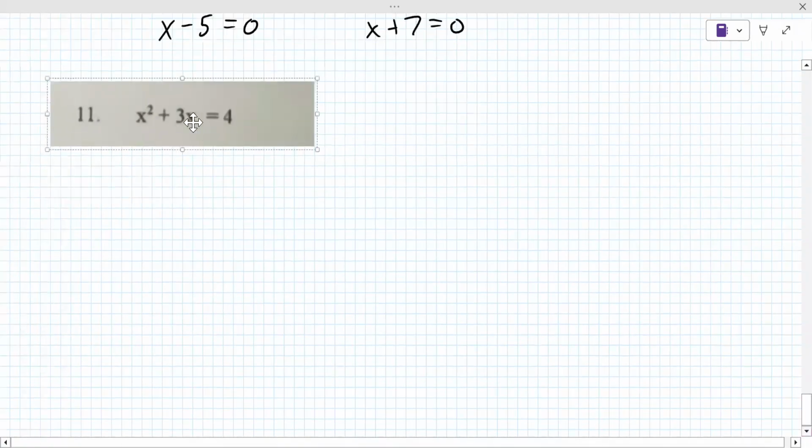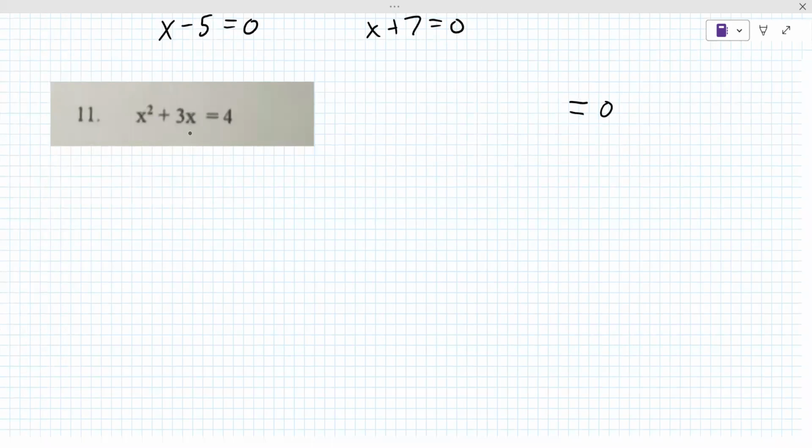So 11 is in the wrong form. You really want it to equal 0. How can you make this equal to 0? Gotta move the 4. So -4 on both sides. Very good.